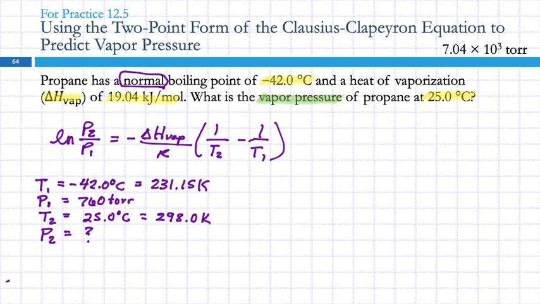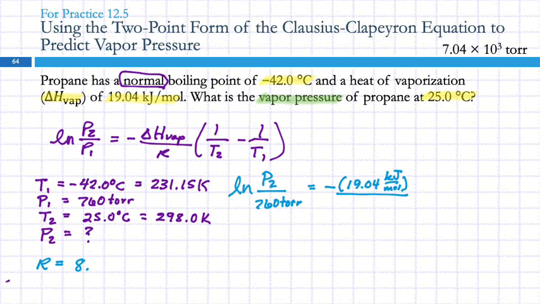So now we can plug these things in. We've got natural log of P2 over P1. P1 is 760 torr. And that's equal to negative delta H, 19.04 kilojoules per mole, divided by R. Here we've got energy, and so we're using the energy version of R, which is 8.314 joules per mole Kelvin.